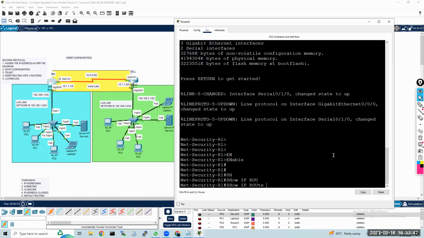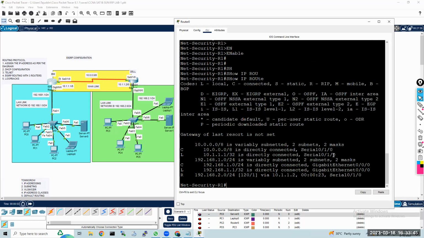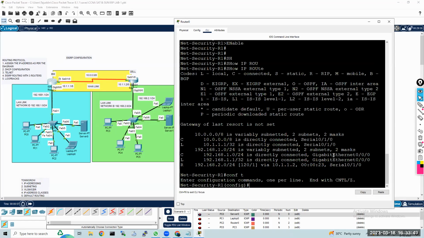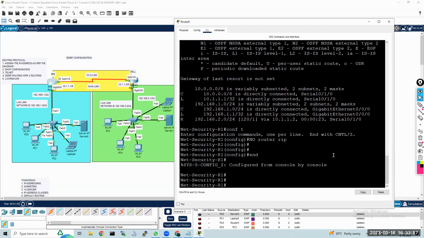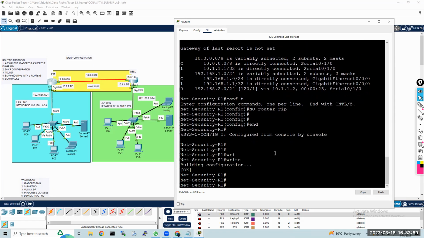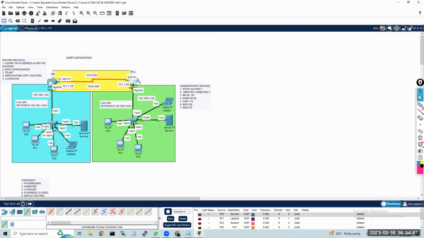Show IP route, check which configuration we are running. We are running RIP, right? Just remove the RIP configuration. Go to global configuration mode, no router RIP. That's it. Just write, save. Same thing, you do it here.